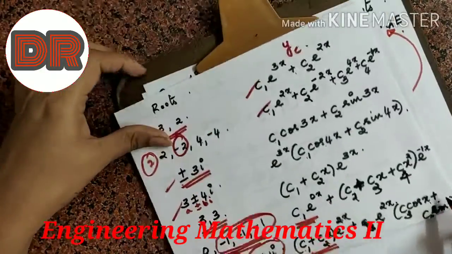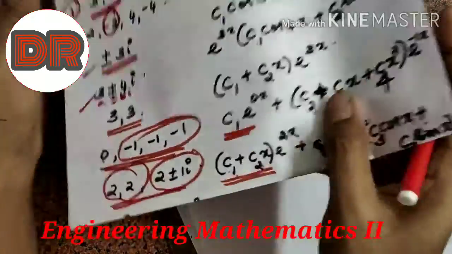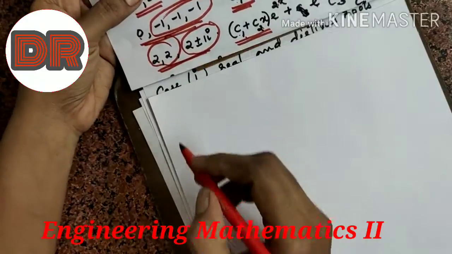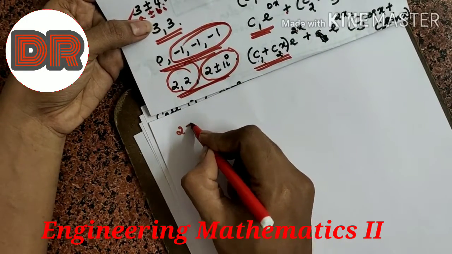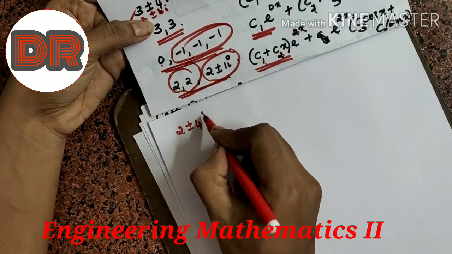And if suppose for example it is having a pair of complex roots but repeated, say let me take 2 plus or minus 4i repeated twice.